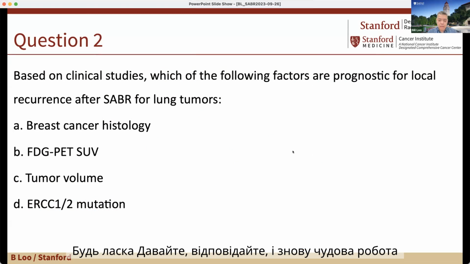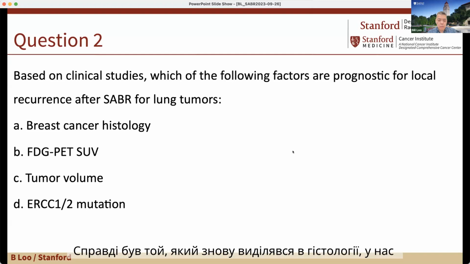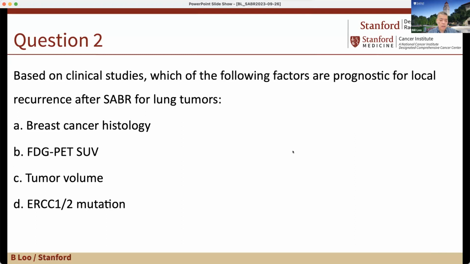And again, great job to the group. So tumor volume in our analysis really was the one that stood out. Histology, again, what we've seen is colorectal cancer histology and squamous cell histology appear to have distinct responses.